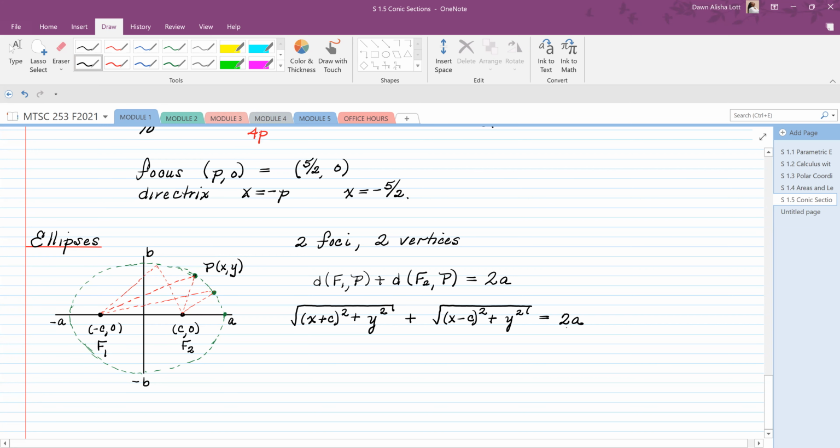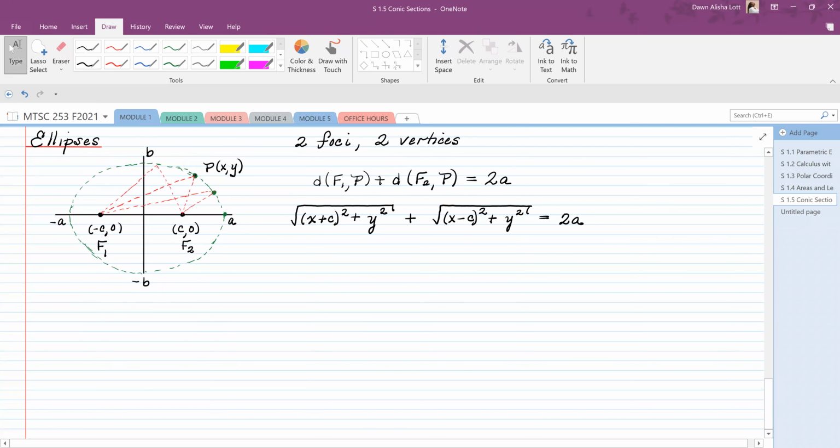I'm not going to go through all the algebra because this is Calc 3. But the way you solve this is you start off by taking the square root of (x plus c) squared plus y squared and letting it equal 2a minus the square root of (x minus c) squared plus y squared. Then you square both sides.